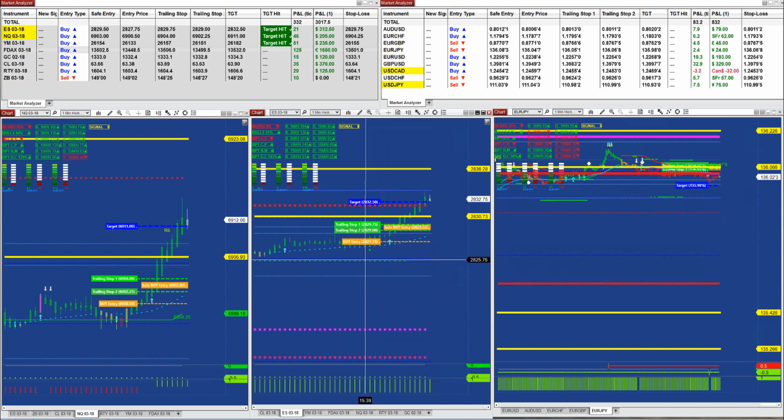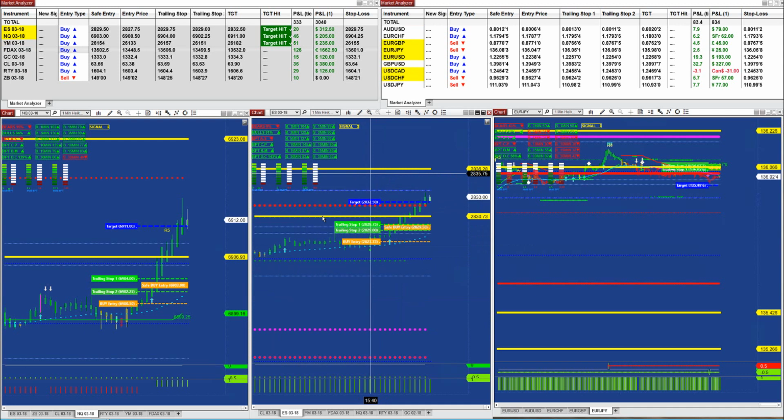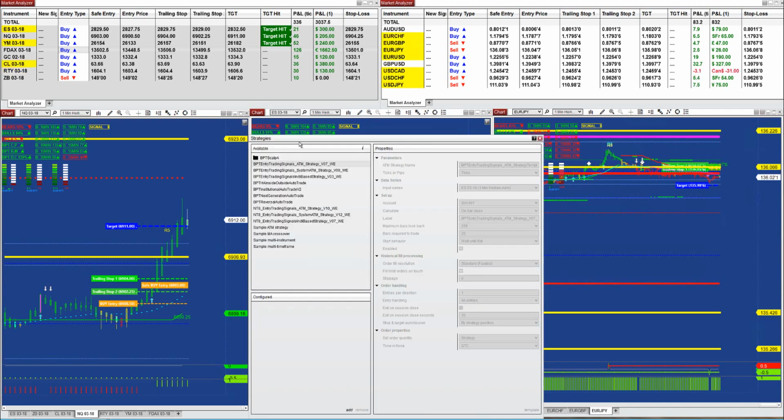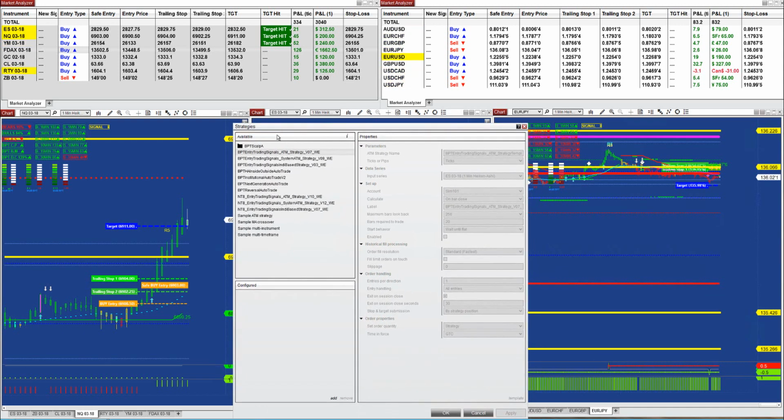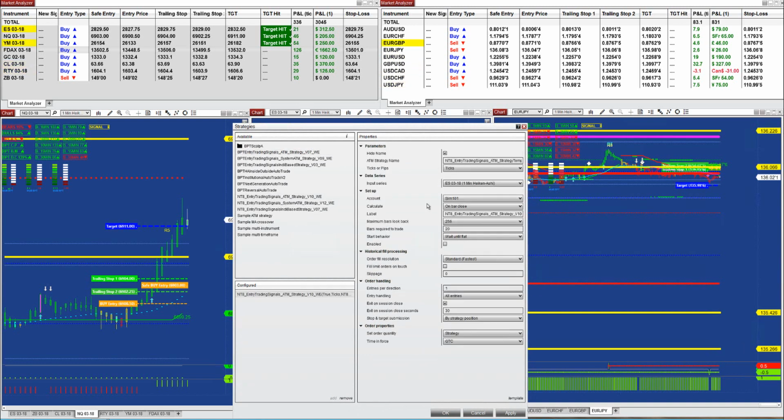So how to activate this auto trade is very simple. You have them right there. This is your ATM strategy. You put your ATM here and you turn it on, and that's all you have to do.